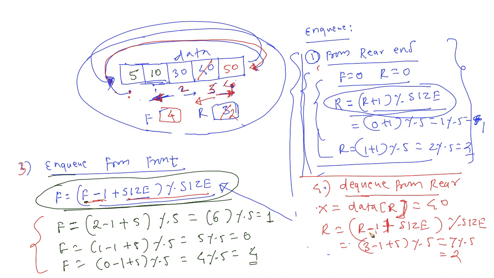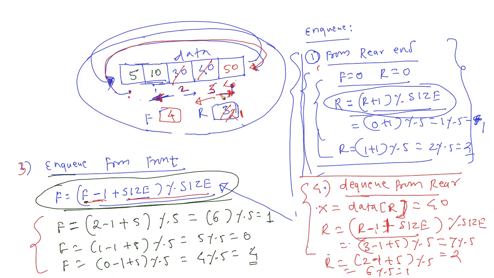If we do one more dequeue operation, we use the formula R minus 1 plus size mod size. R is 2 now, so 2 minus 1 plus 5 mod 5, which is 6 mod 5, equal to 1. So we remove this element and decrement R, and R becomes 1. That is how we perform the dequeue operation.